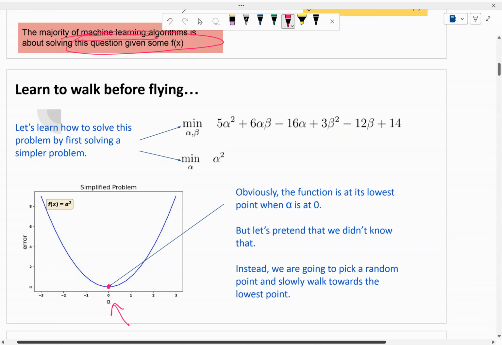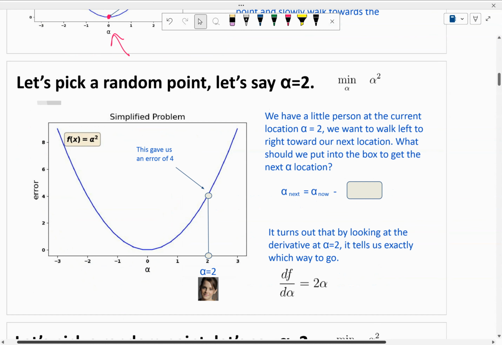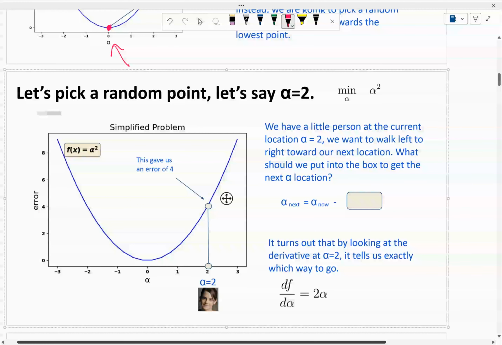So if we know all this already, this allows us to study particular algorithms on how we can find a minimum point. The way we could solve this, assuming that we can't just set the derivative to zero, is to start by picking some random point, 2. Obviously, 2 is not the minimum, but you can essentially start from anywhere.